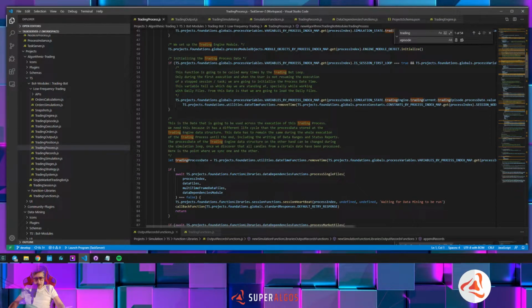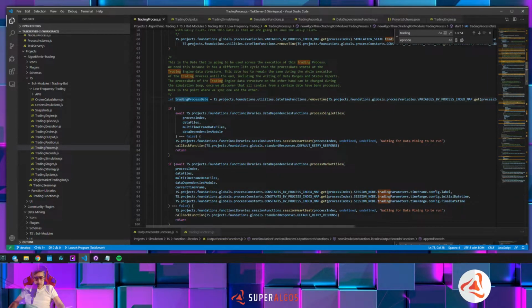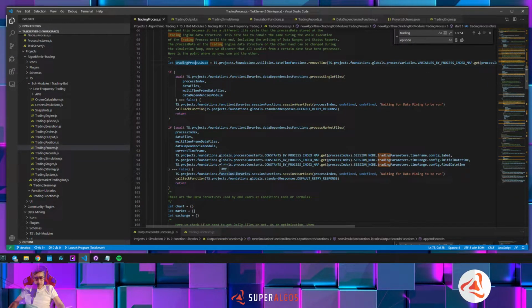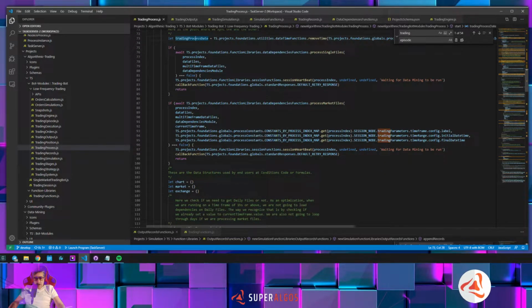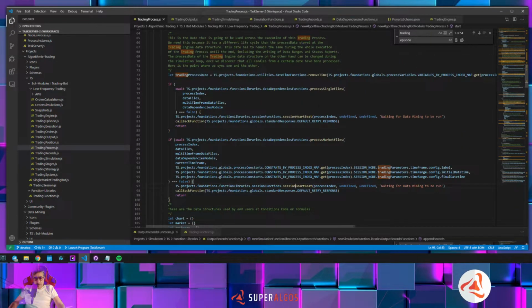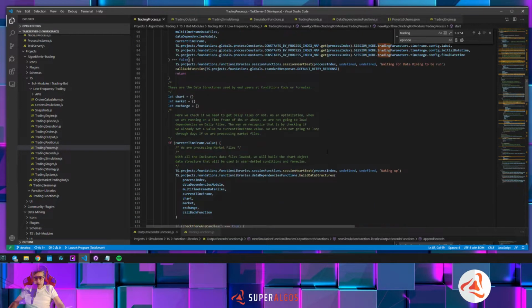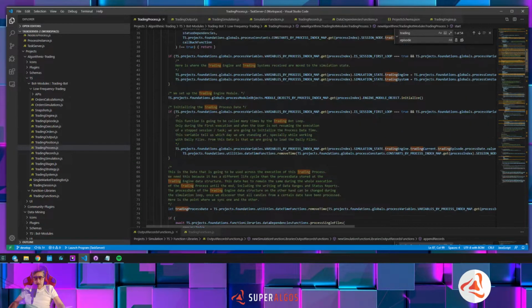Okay, that's how I'm handling the process daytime. It makes a heartbeat, a session heartbeat. Then it processes a single file, market files, and maybe there was a daily file somewhere.